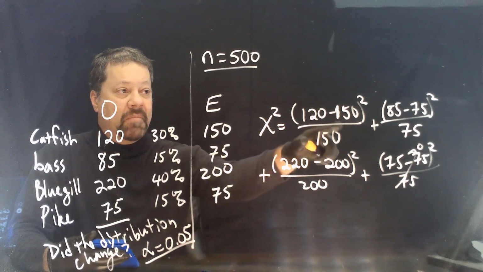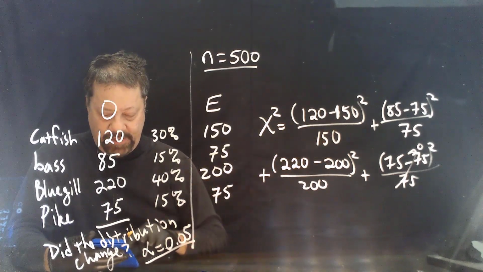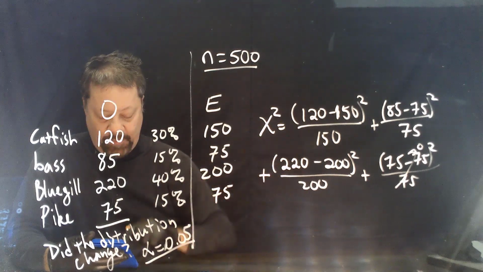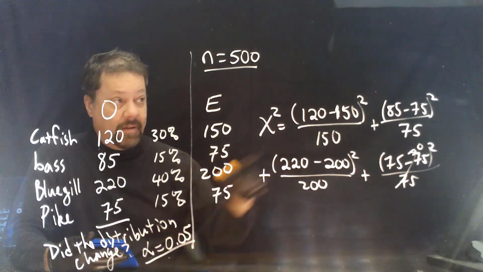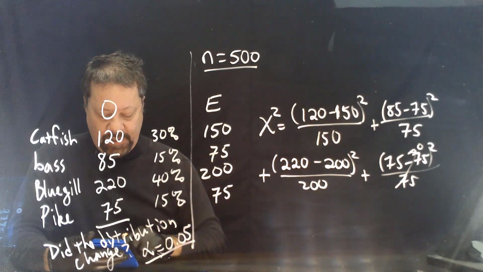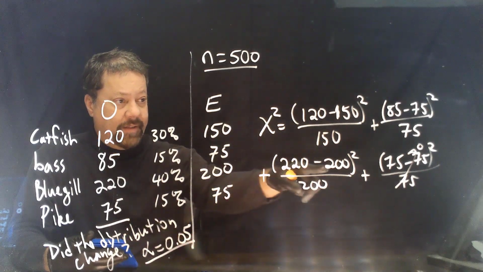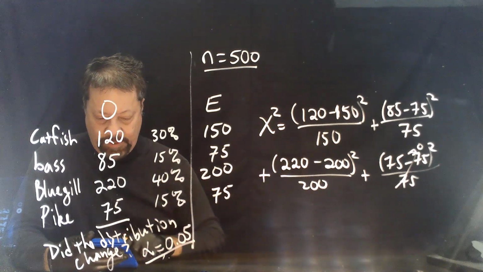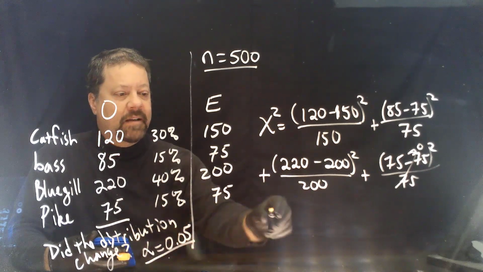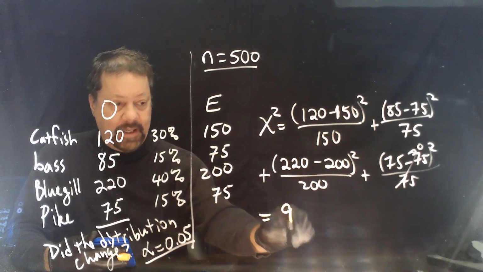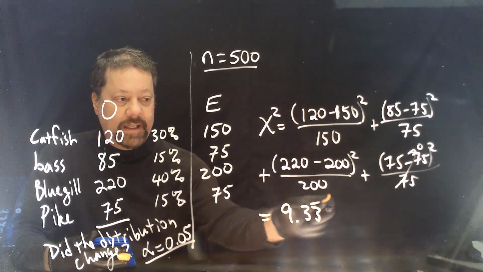Let's see, 30 squared is 900 divided by 150. Then we have 10 squared, it's 100 divided by 75. And then 20 squared is 400 divided by 200. The chi-square that we get is 9.33 and so on.